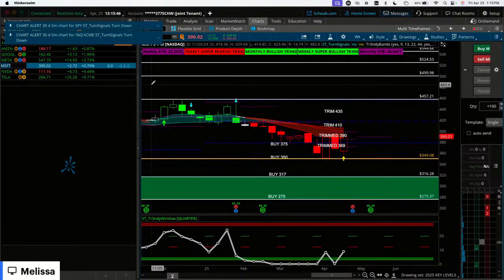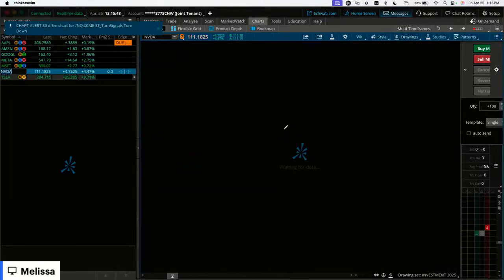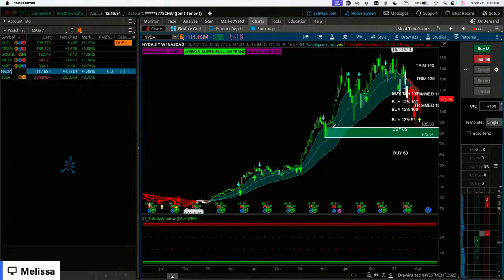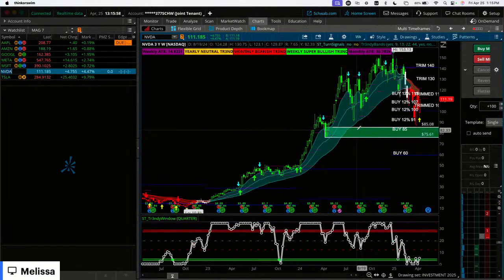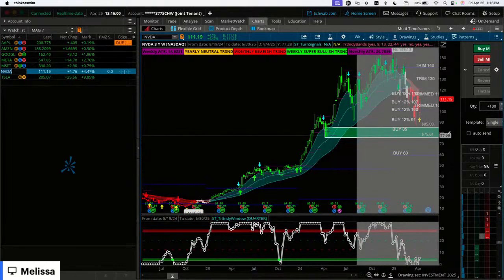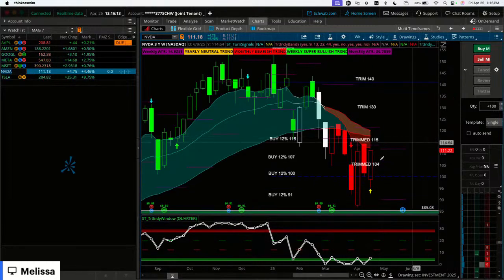All right. Next up is NVIDIA. For NVIDIA, I was actually able to allocate up to 75% of my total allocation because we really pulled back.